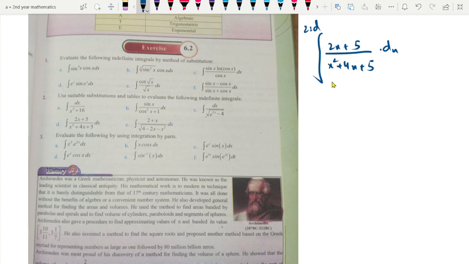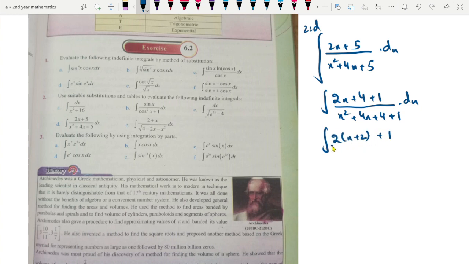So this is equal to 2 of x plus 4 plus 1 in the numerator, and the denominator is x square plus 4x plus 4 plus 1 dx. So this will become 2 common, x plus 2 plus 1 divided by x plus 2 whole square plus 1 dx.